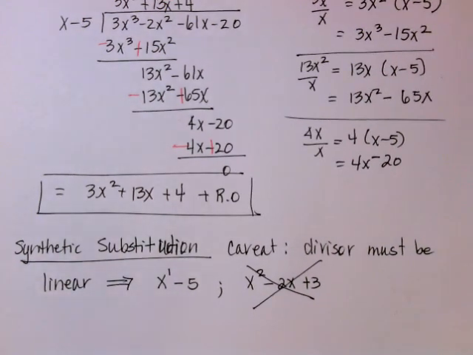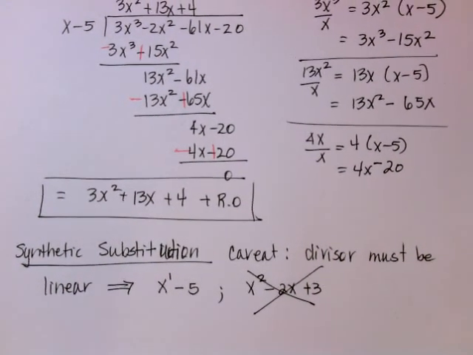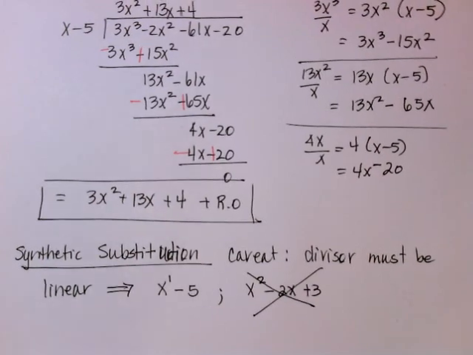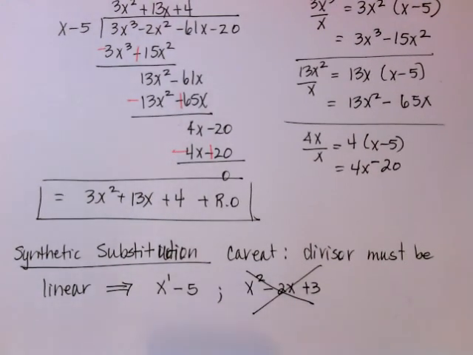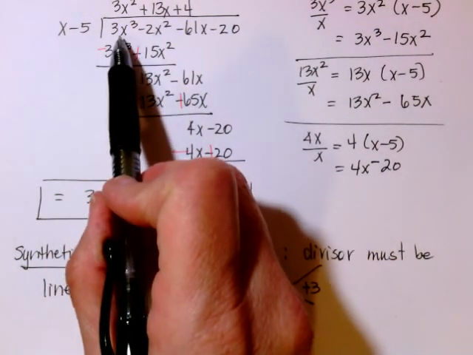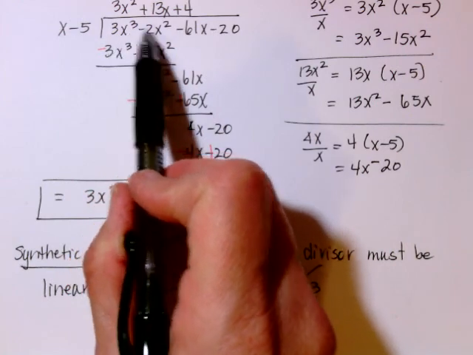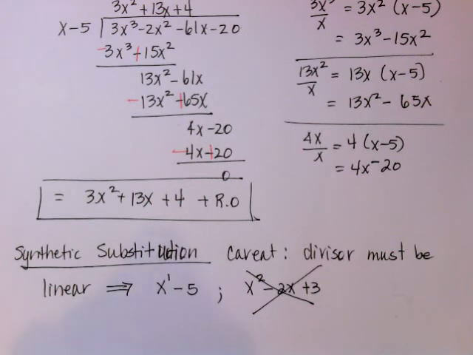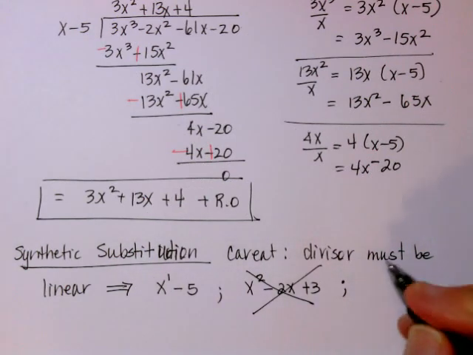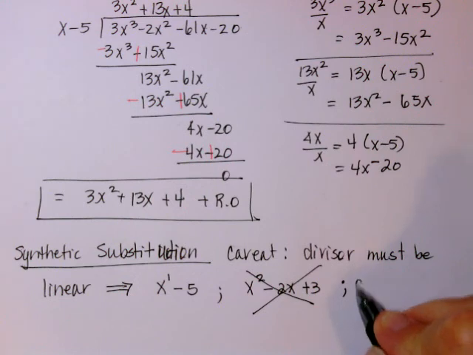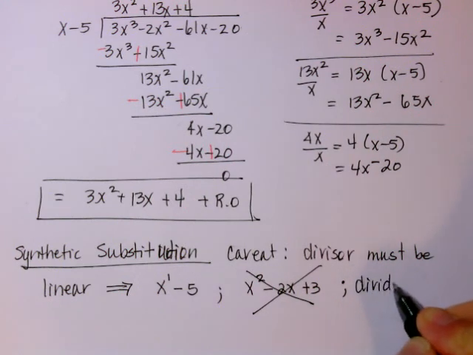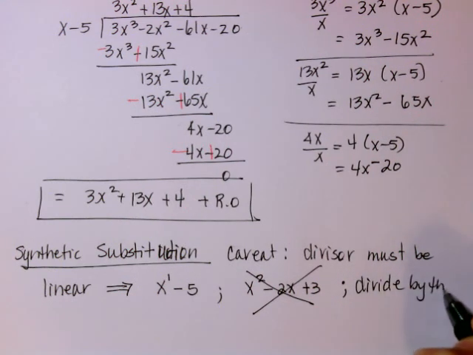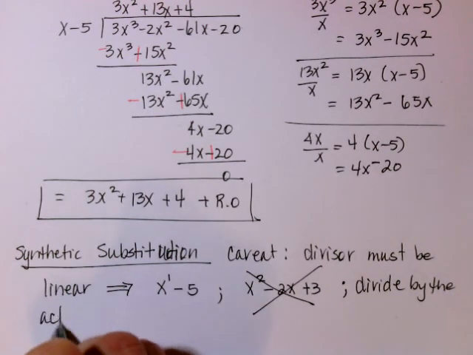Alrighty, so let's redo the problem that we did up above. I think I can scoot it down so you can see it. So remember, if you look up here, we had 3x cubed, x squared, and so on with no zero coefficients, so I didn't need any placeholders. The other caveat about synthetic division is that you divide by the actual zero.